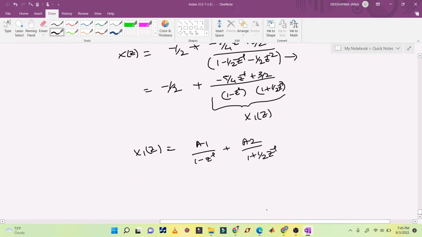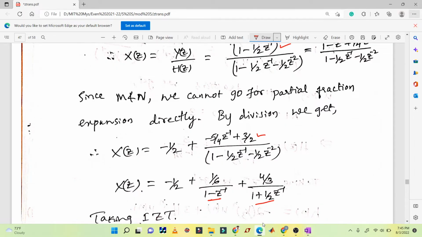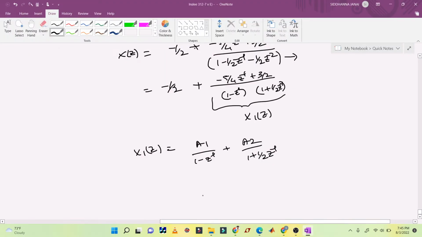By this method we will find out a1 and a2 to be 1 by 6 and 4 by 3. So 1 by 6 divided by 1 minus z inverse plus 4 by 3 divided by 1 plus 1 by 2 z inverse. This is x1 of z.